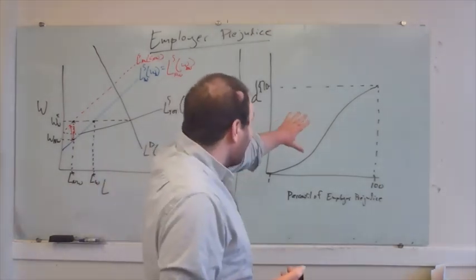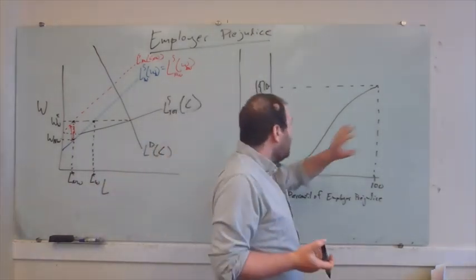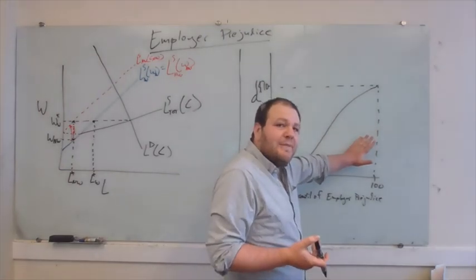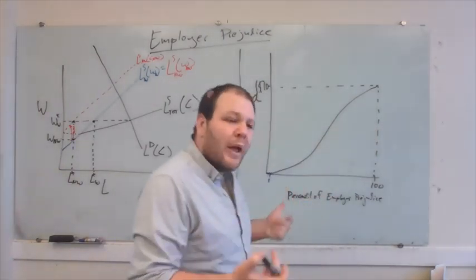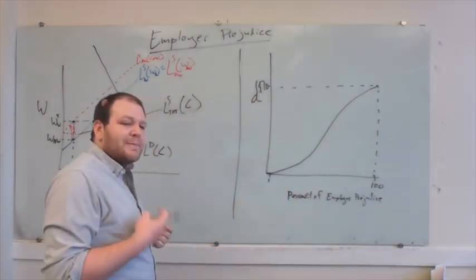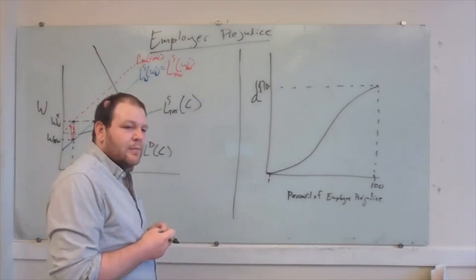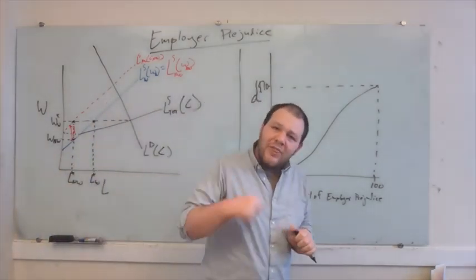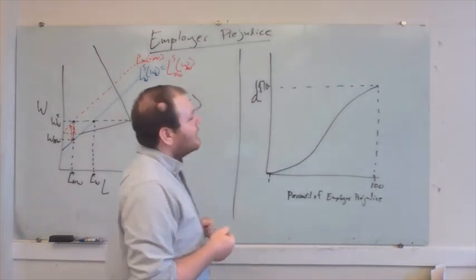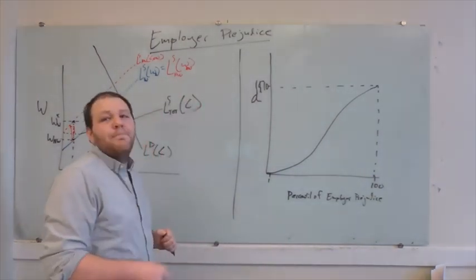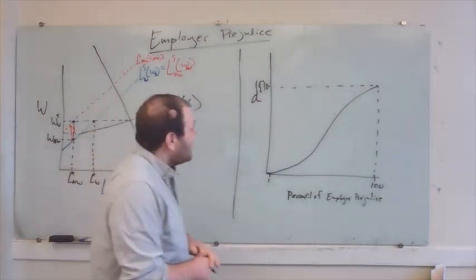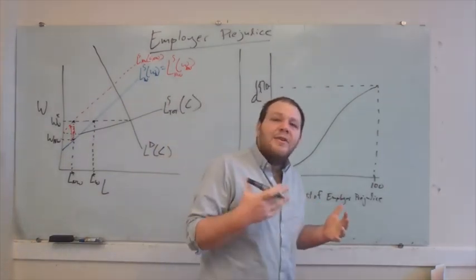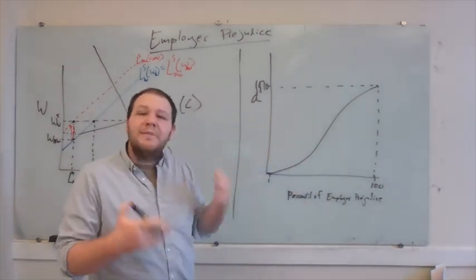So what do we expect to happen to equilibrium wages in this model? How much do we expect white workers to be paid? How much do we expect non-white workers to be paid? Well, the way we can think about this is we can think about what we can learn about one employer's decision based on their neighbor. So we know that somewhere out there in the world, there's an actual wage gap that comes out of the market.